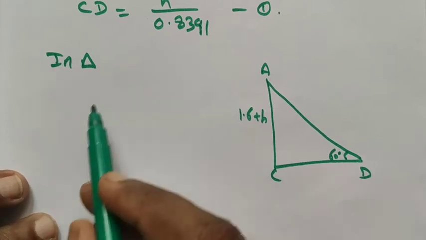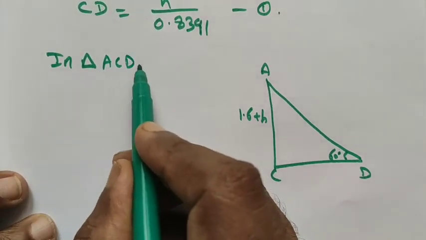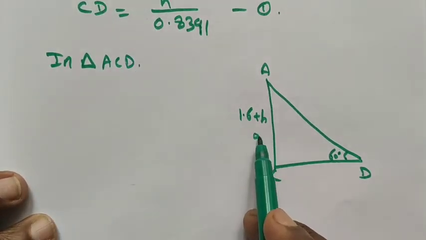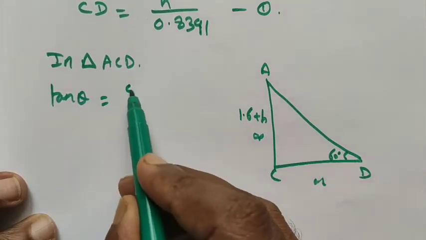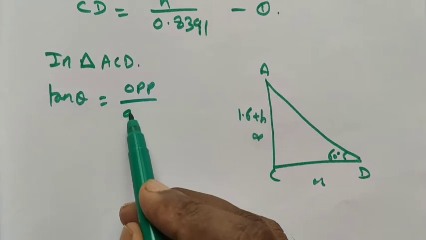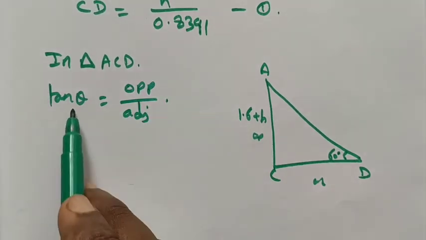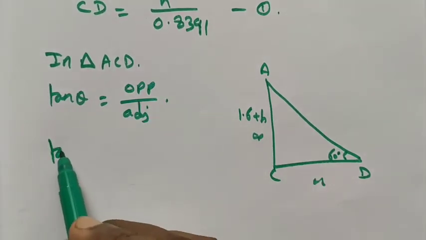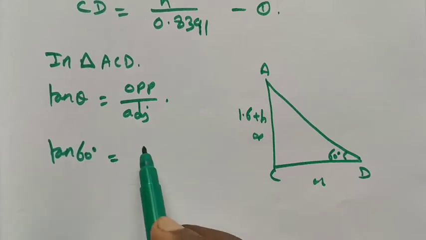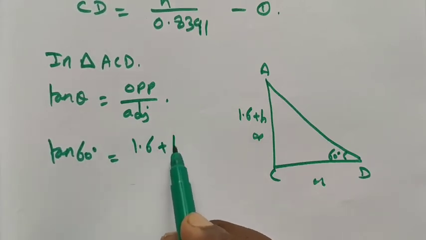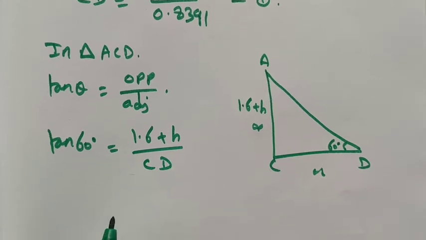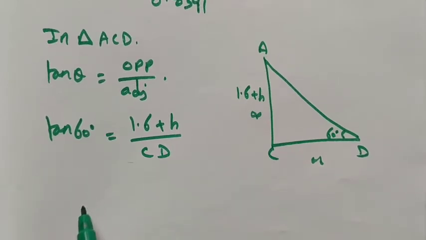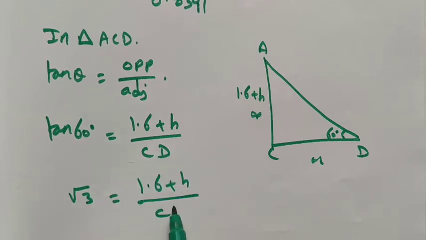Now in triangle ACD, here also opposite side and adjacent side, right? So tan theta is equal to opposite side divided by adjacent side. Here theta is given as 60 degree, so tan 60 is equal to the opposite side 1.6 plus H divided by CD. Now the tan 60 value is root 3, equal to 1.6 plus H divided by CD.